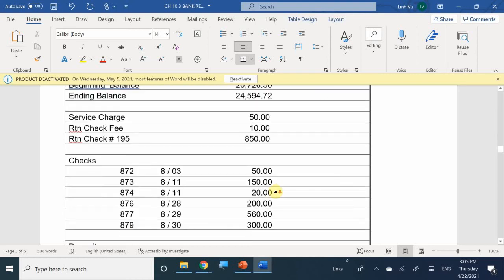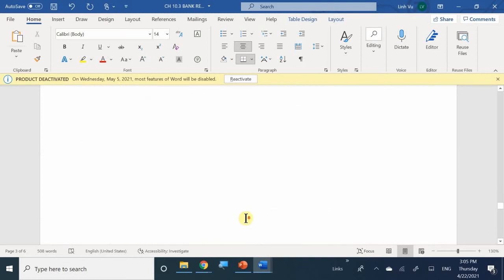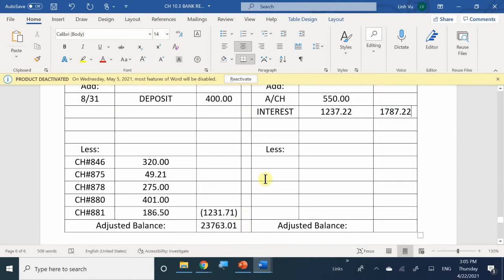You put your service charge of the $50. So we have service charge of $50, return check, and bounce check or return check for that 850.